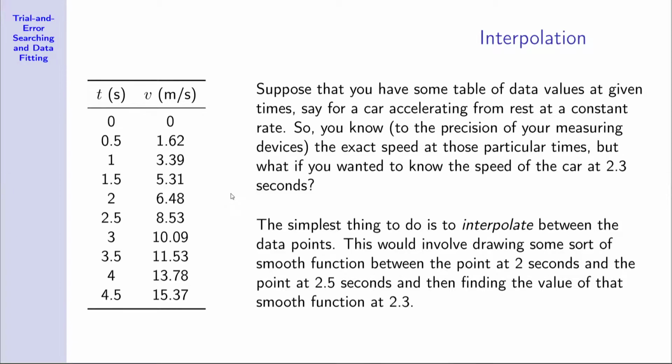So for this particular case, we have a car that should be accelerating at a constant rate, and so we would expect that we would actually see linear data. So drawing a line between two of our data points and using that line to estimate the value might not be such a bad estimate, right?